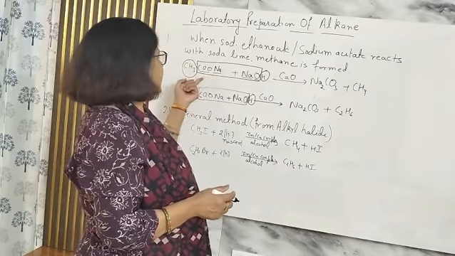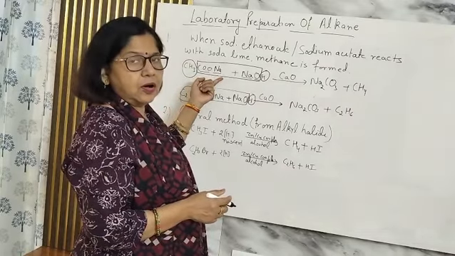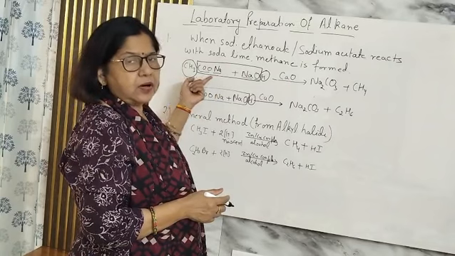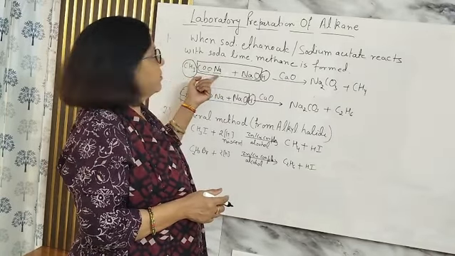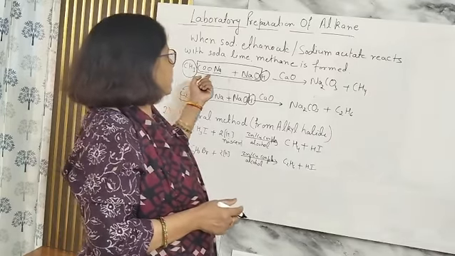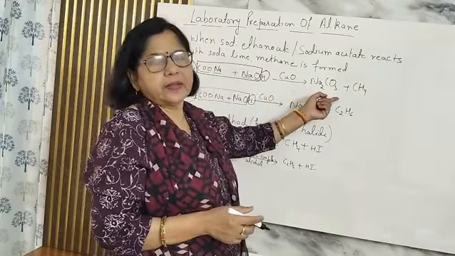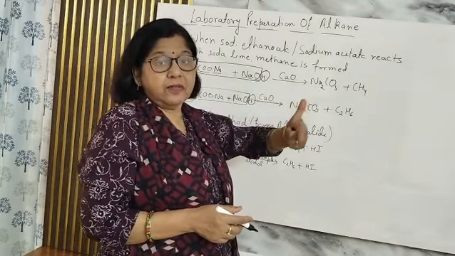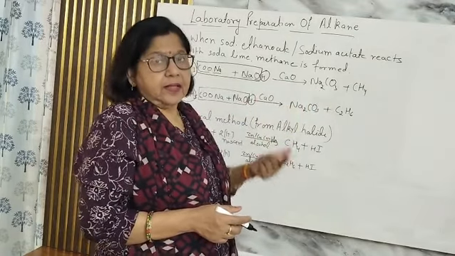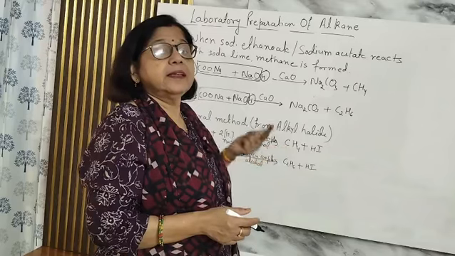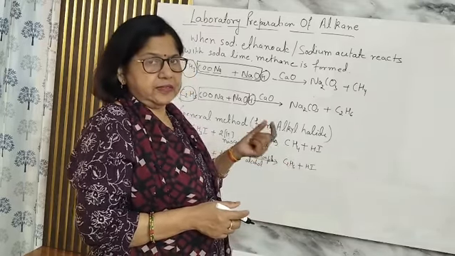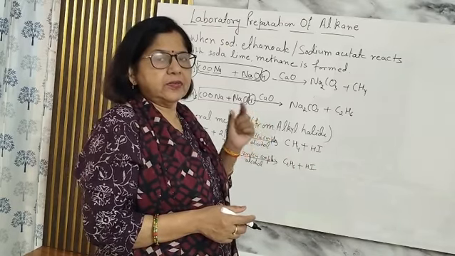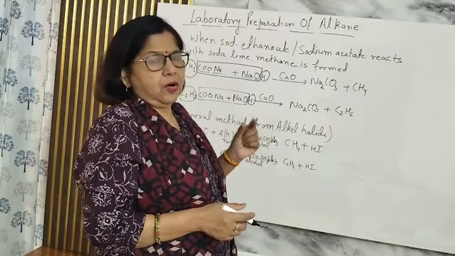It is a sodium salt of acetic acid, or what? Ethanoic acid. Now when the COO group is removed from here in the form of Na2CO3, that means there is a loss of carboxylic group. That is why it is called decarboxylation reaction also.